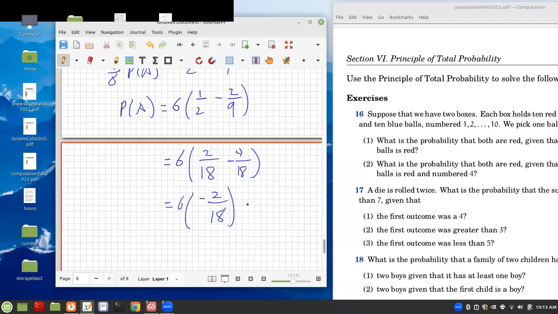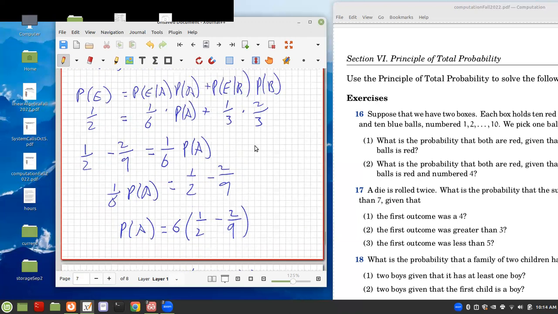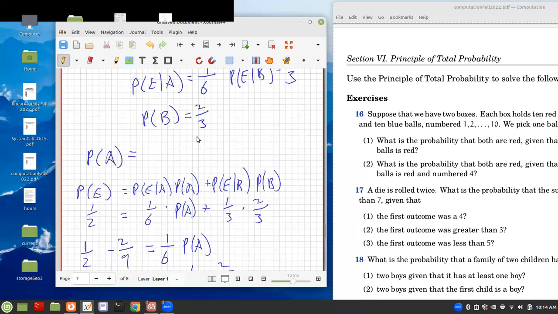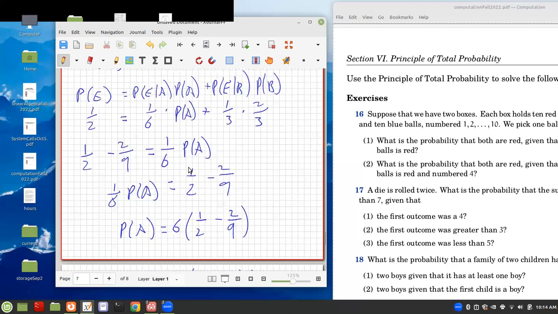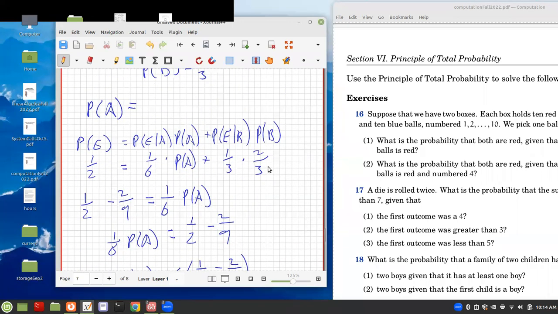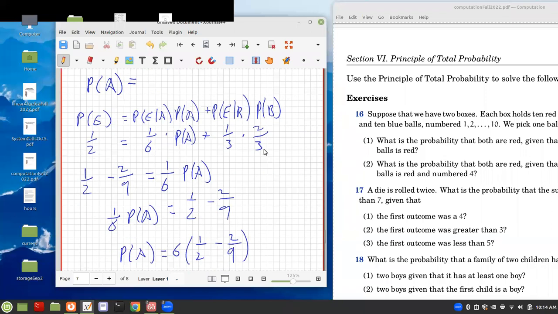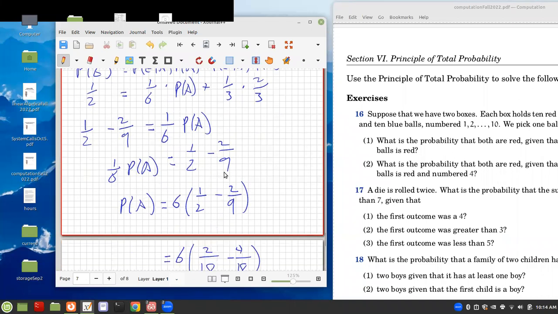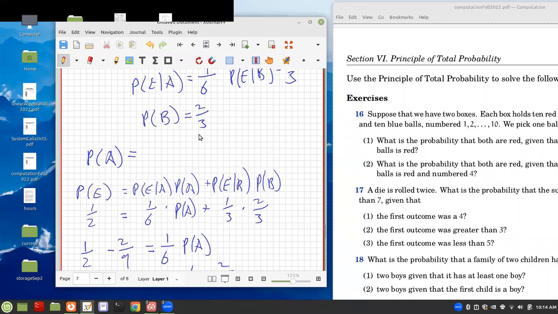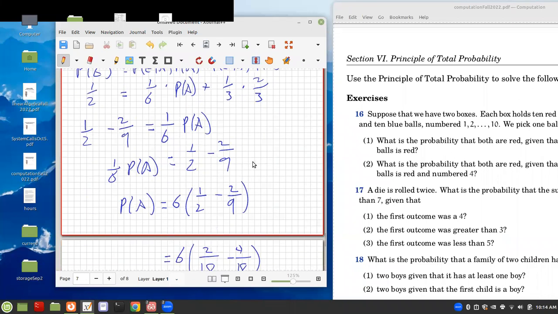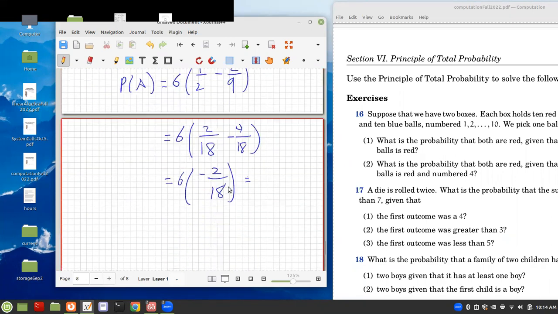And that means that something has gone amiss, right? Let me check: 1/2 minus, did I do, yes, 2/3 times 1/3 is 2/9, 1/2 minus 2/9, and then 1/6 equals, yes, this one is obviously coming out to be a negative number.